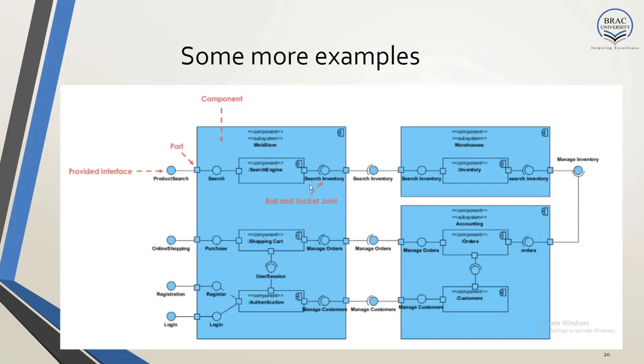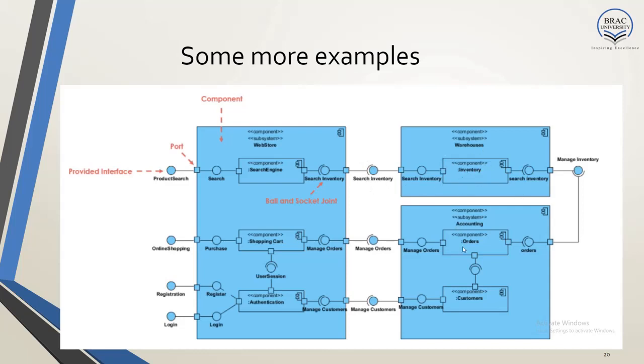So whenever a search engine has a product search functionality, in order to implement that, it needs to be able to search in the inventory. So there are multiple connections over here where the search engine requires the search inventory functionality, and it is being provided by the inventory component.